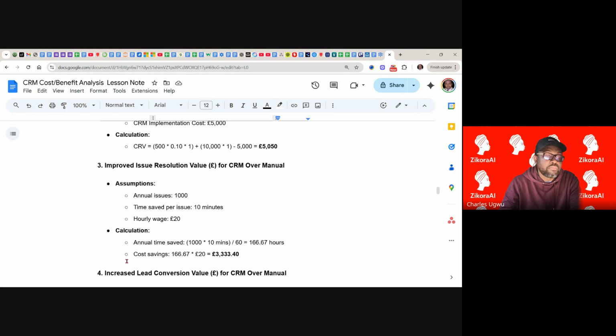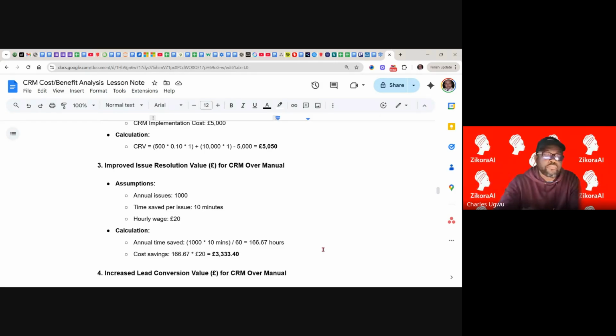Then the cost saving is 166.67 times 20, which gives 3,333.4. So this is the improved issue resolution value.